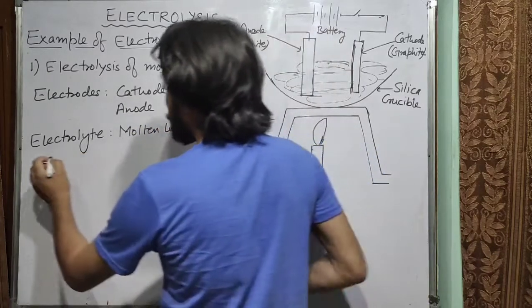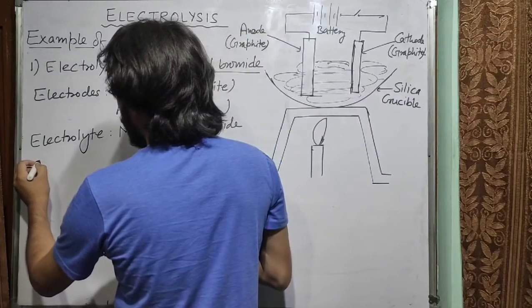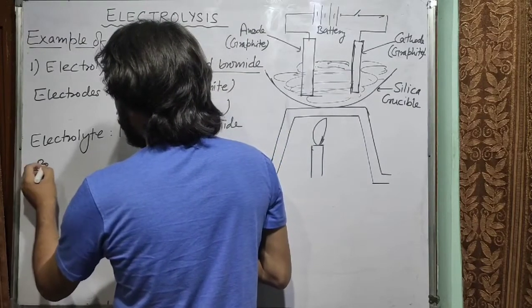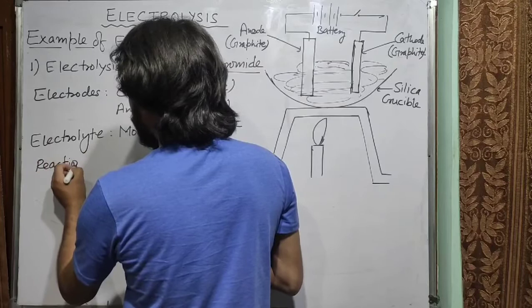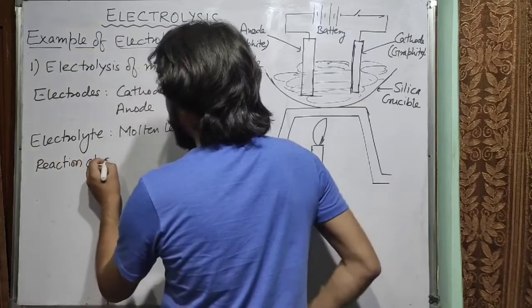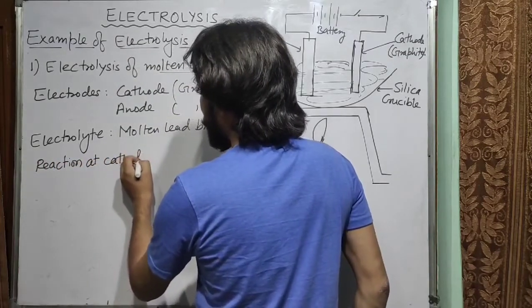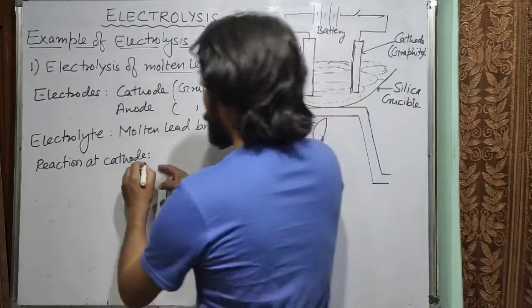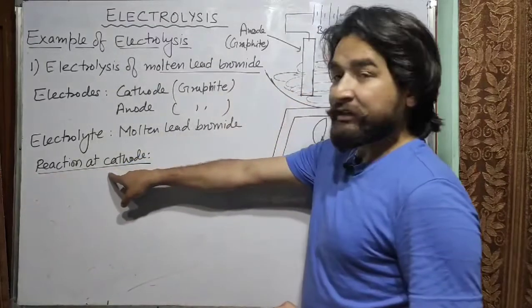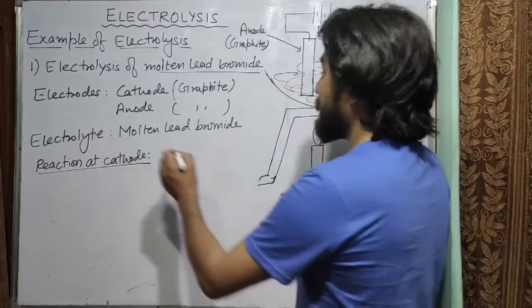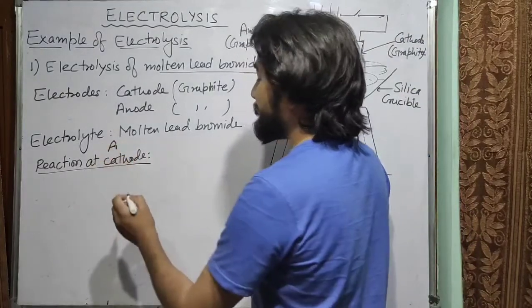Then the third thing that is asked is reaction at electrodes. The first is reaction at cathode. So before the reaction at cathode, you must know the process of electrolytic dissociation.